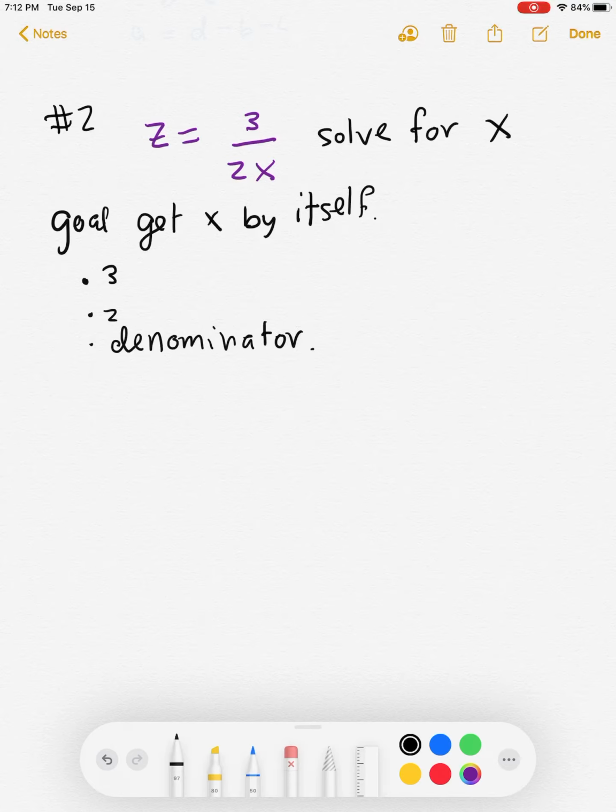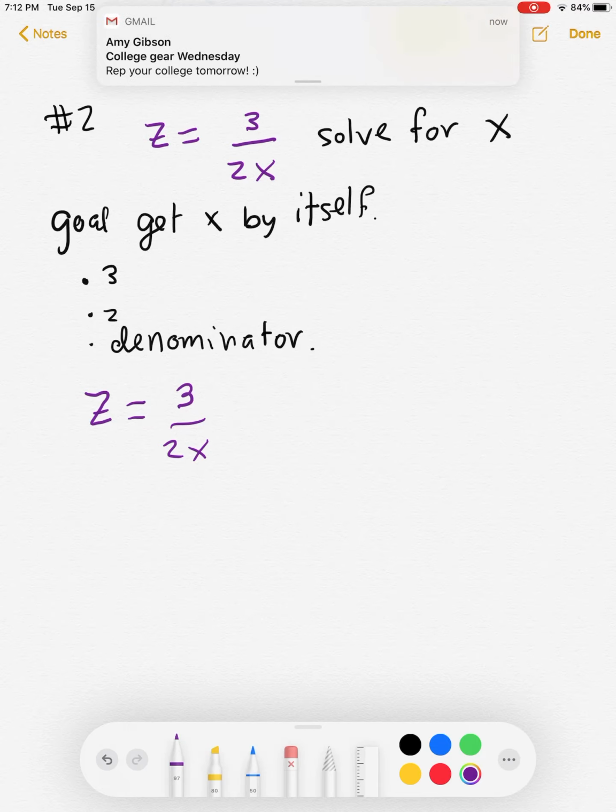Well, believe it or not, these are all manageable problems. We just have to kind of work our way through it. The first thing we should do is get the x out of the denominator. Notice, since x is being divided, the opposite of division is multiplication. So let's multiply x to both sides.